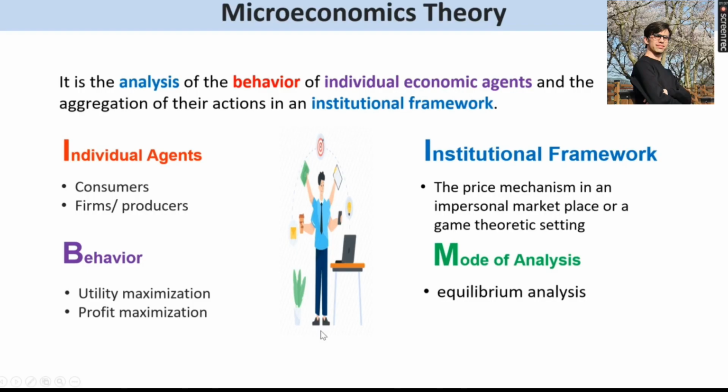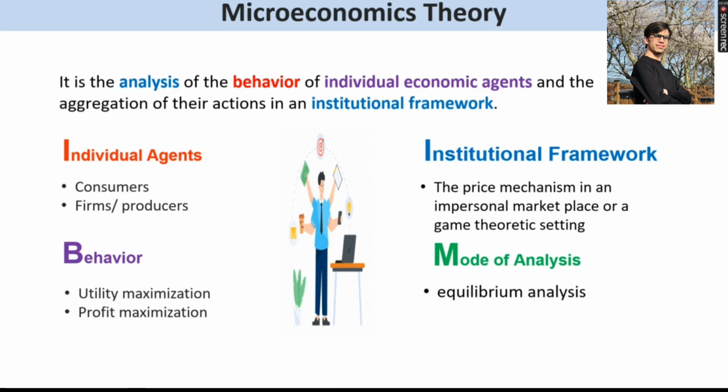Okay, first of all, before talking about the consumer theory, let me define microeconomics theory. Because in order to understand why we are talking about consumer theory within the concepts of microeconomics theory, we have to first define microeconomics theory itself.